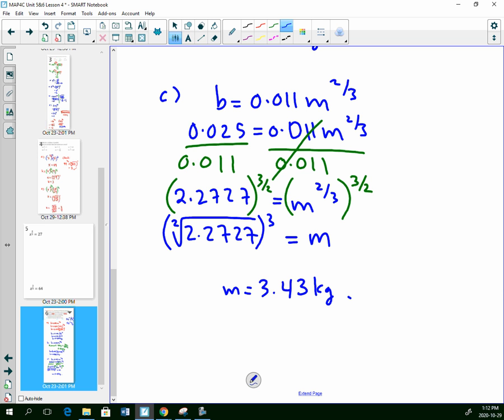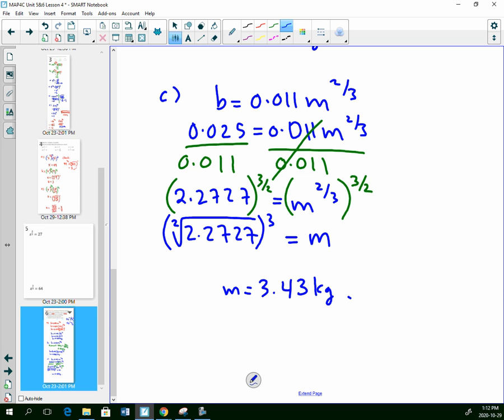Okay, so we want to undo 2/3 by doing the reciprocal. And then you can either do the square root of 2.2727 and then power 3, or you could do 2.2727 to the power 3 over 2, just making sure that you put the 3 over 2 in brackets. And you can try it both ways just to make sure that you get the same result.